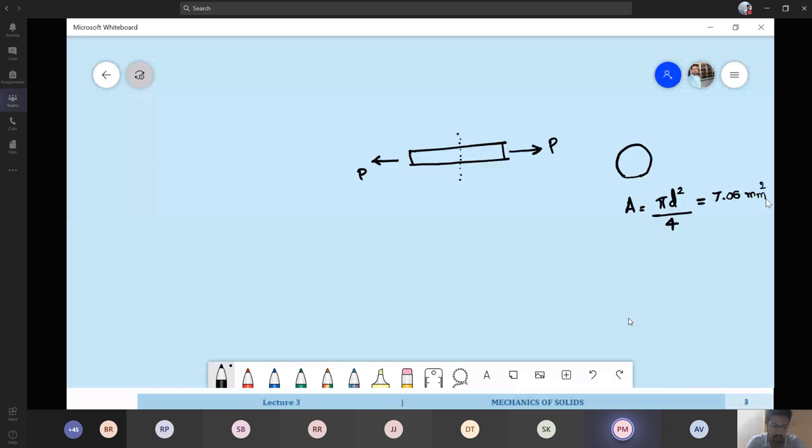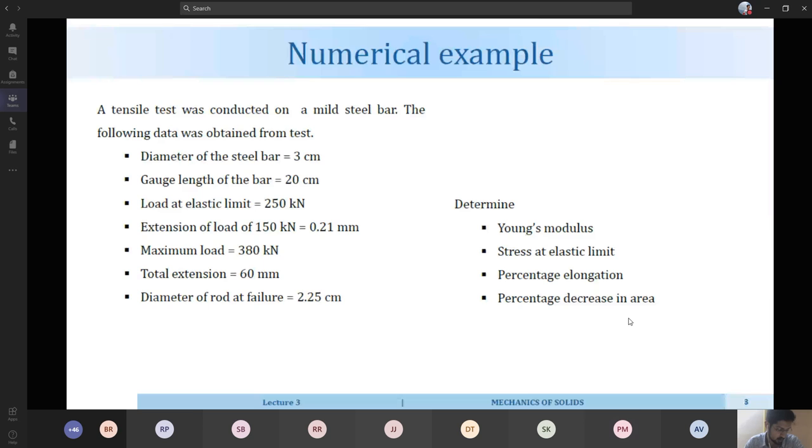Minus 4 or minus 6? You are dealing with millimeter, right? Meter square, sir. So it is 10 power minus 6 meter square. So what is the stress at elastic limit now?